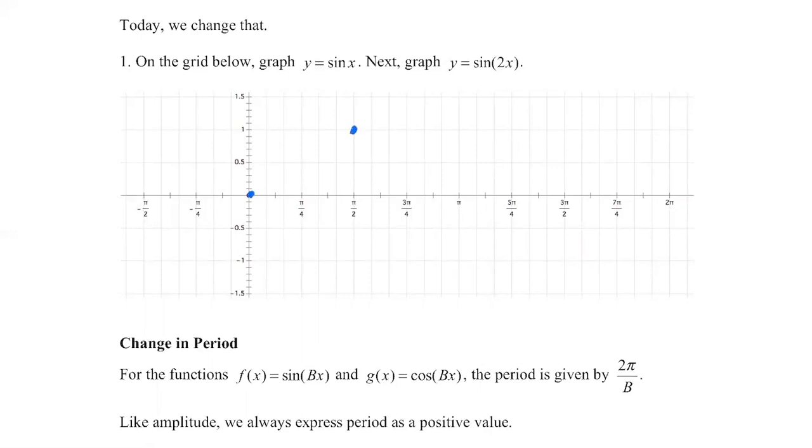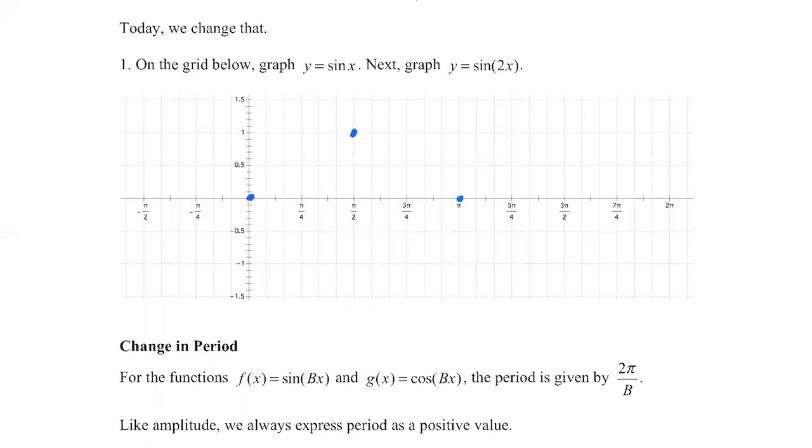When x is pi, the sine is 0. And when x is 3 pi over 2, sine is negative 1. Finally, at 2 pi, sine is, again, 0. So if we trace the curve, we wind up with that.